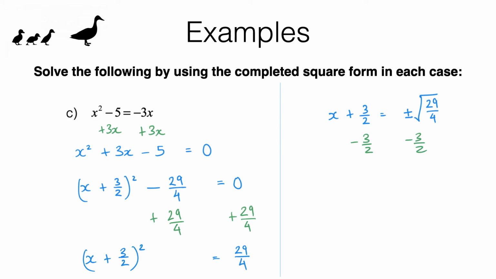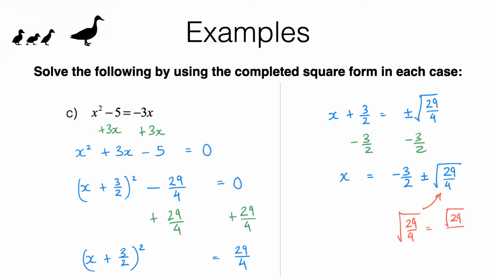So we get x on the left, and that equals negative 3 over 2 plus or minus the square root of 29 over 4.